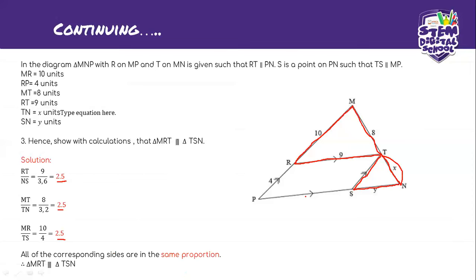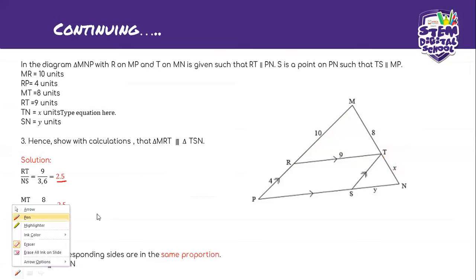It's a pity that I did not show you with angles, but I can just talk about it. For instance, let me just remove this. If you want to know that the two triangles are similar, you must also prove in terms of angles.